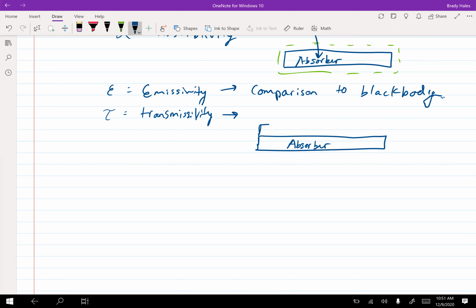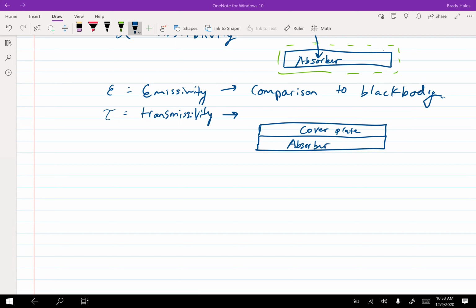And then you have your cover plate, your convection cover plate, right? And then what's assumed is, okay, yeah, so the transmissivity is simply how much passes through, right?